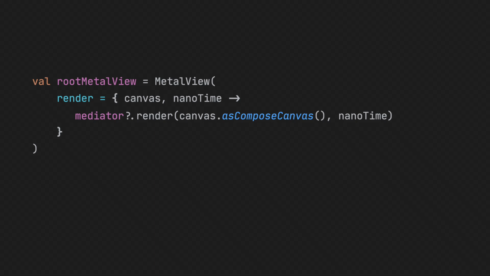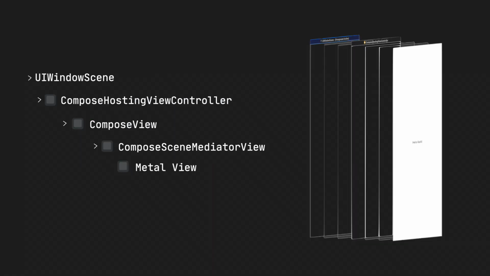So you could see that the metal view is orchestrating with this compose scene bridge, and this is where one of the bridging is happening, and this is all specified in the compose scene hosting view controller, which is right there. So these layers are working together with each other to make drawing happen, and you could look at the instrument logs in order to understand what each of the different drawing commands mean.